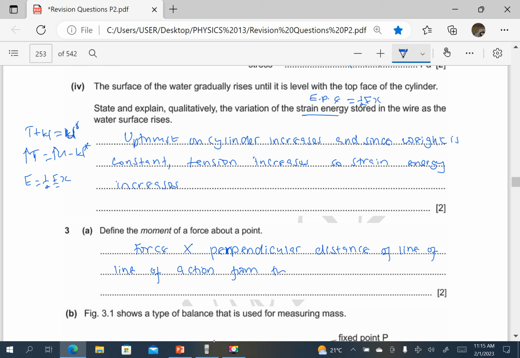It is force times perpendicular distance from that point.